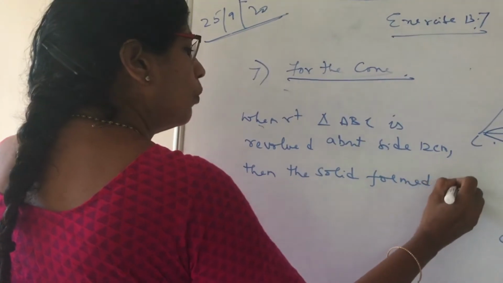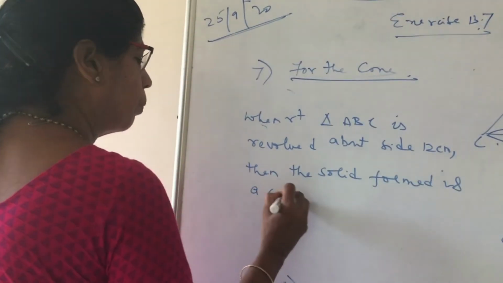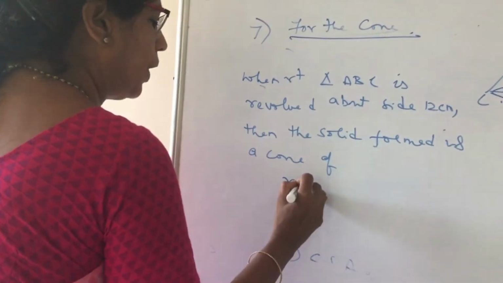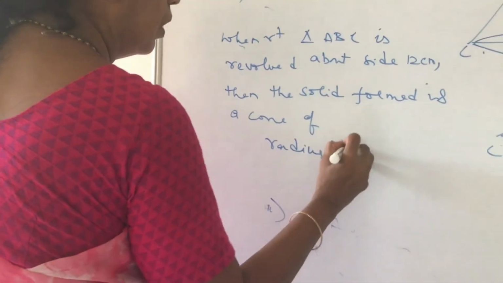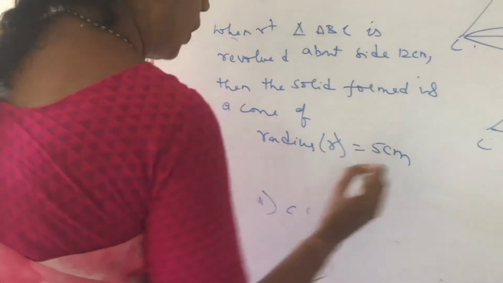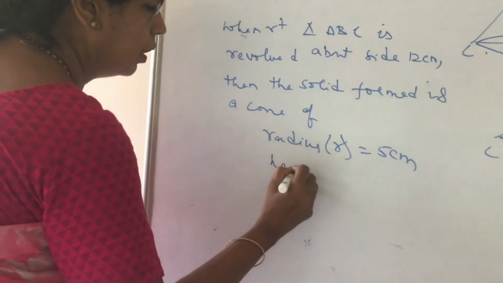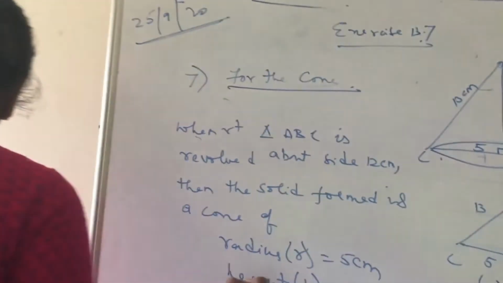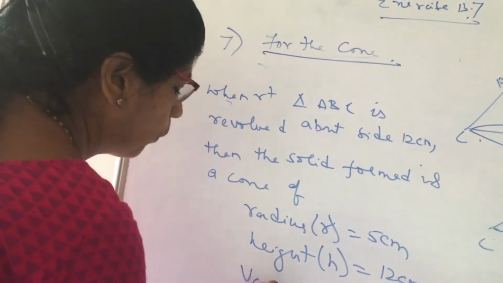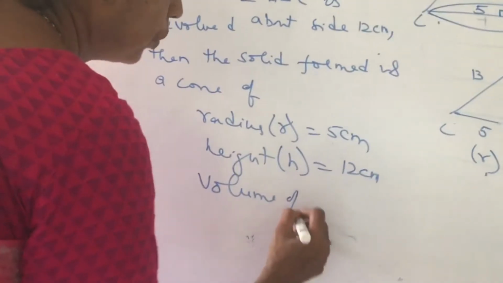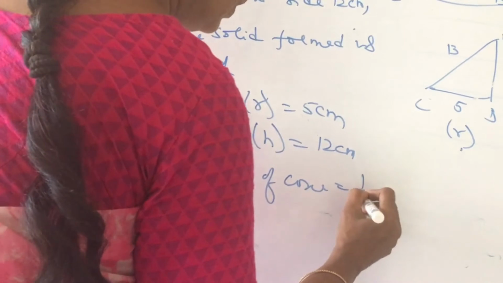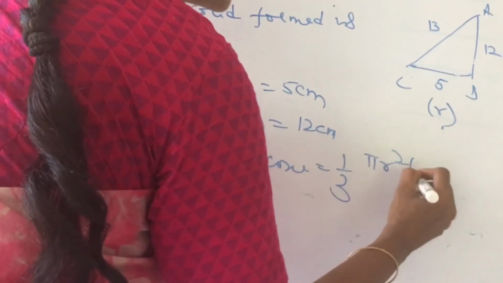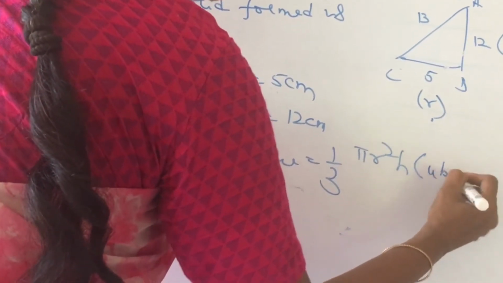The solid formed is a cone of radius r how much? 5, height h is equal to 12. Therefore, volume of the cone they asked you to find out. You remember the formula? 1 by 3 pi r square h cubic units.